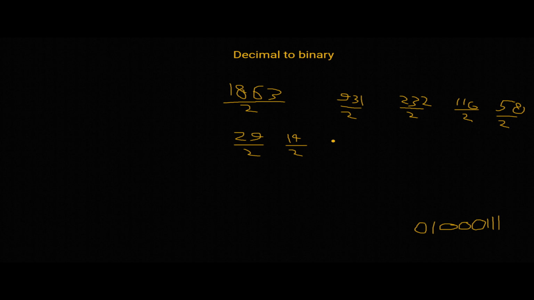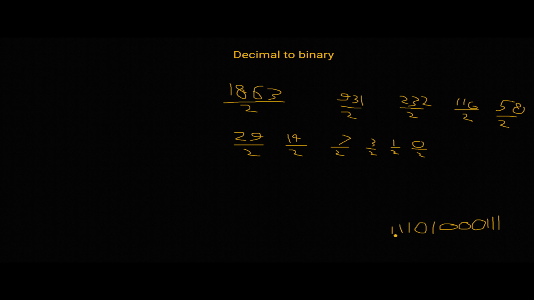No remainder. 7 divided by 2 is 3.5. So we have a remainder. 3 divided by 2 is 1.5, so we have a remainder. And so we have 1 divided by 2 is 0.5, so we have a remainder. And then we throw out the remainder, so 0 divided by 2, we are done.